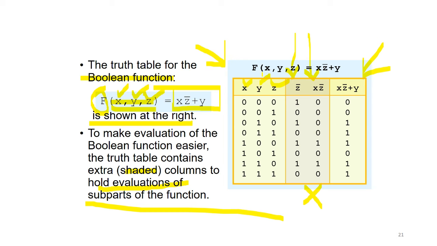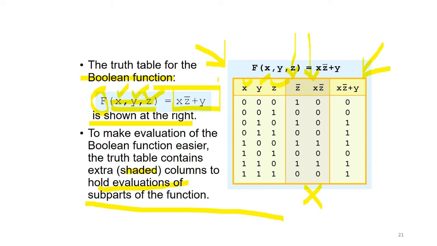So we are being asked to find out x z prime plus y, or x z bar plus y. If we try to do that, how can we do this? As you can see, x is getting multiplied with z bar. Here we have a z value of 0.